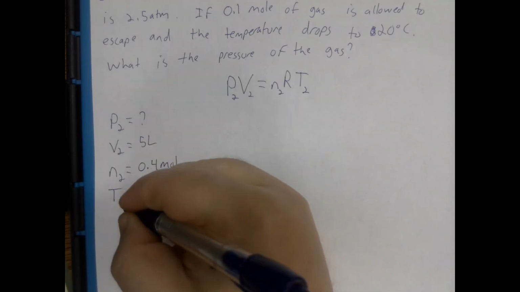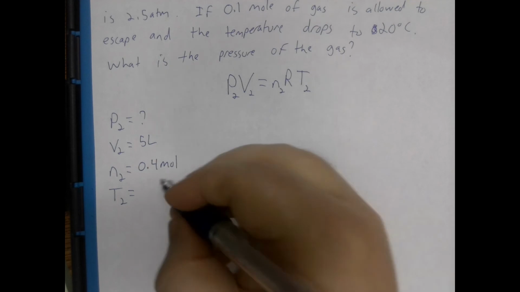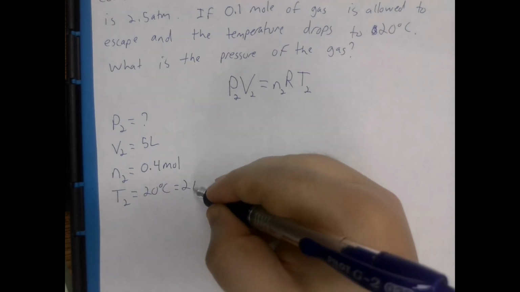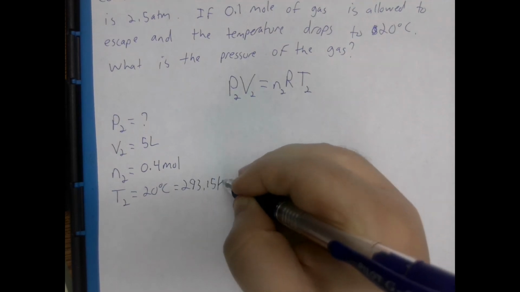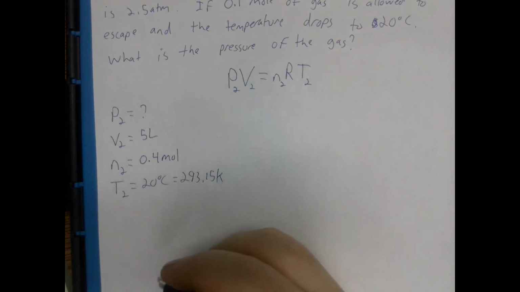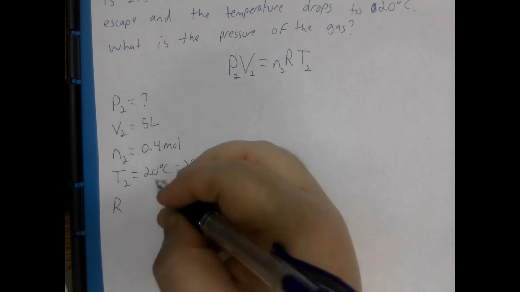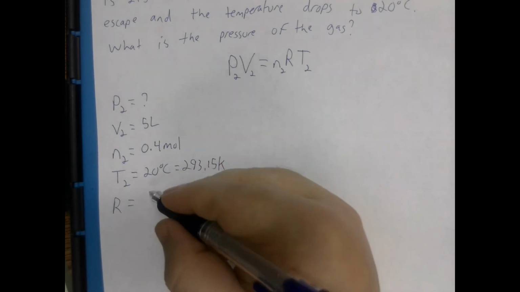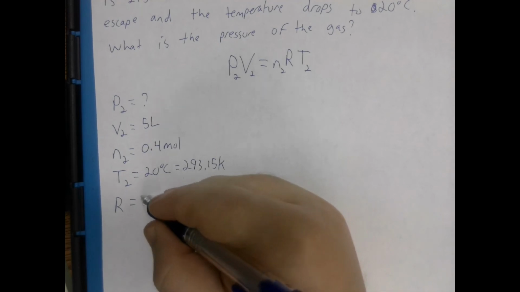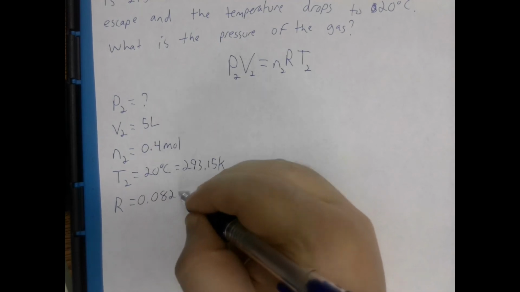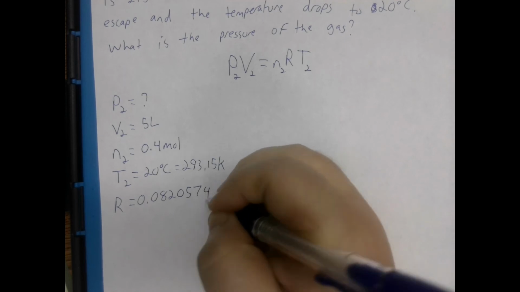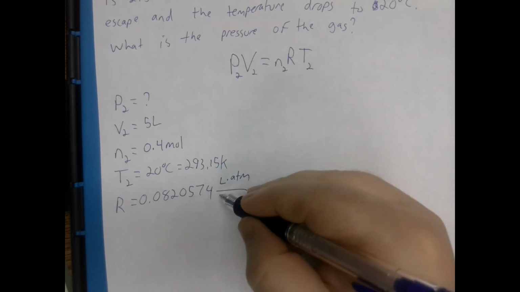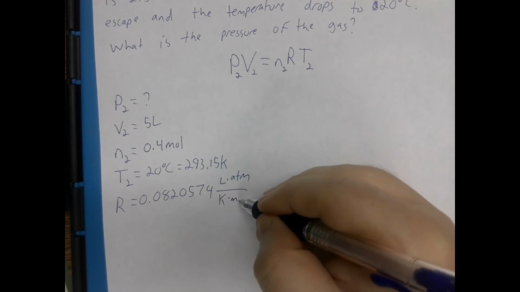T, or final temperature, is 20 degrees Celsius, which is equal to 293.15 Kelvin. Looking up at our chart, for pressure in atmospheres, we would use 0.082057 liter atmosphere per Kelvin mole.